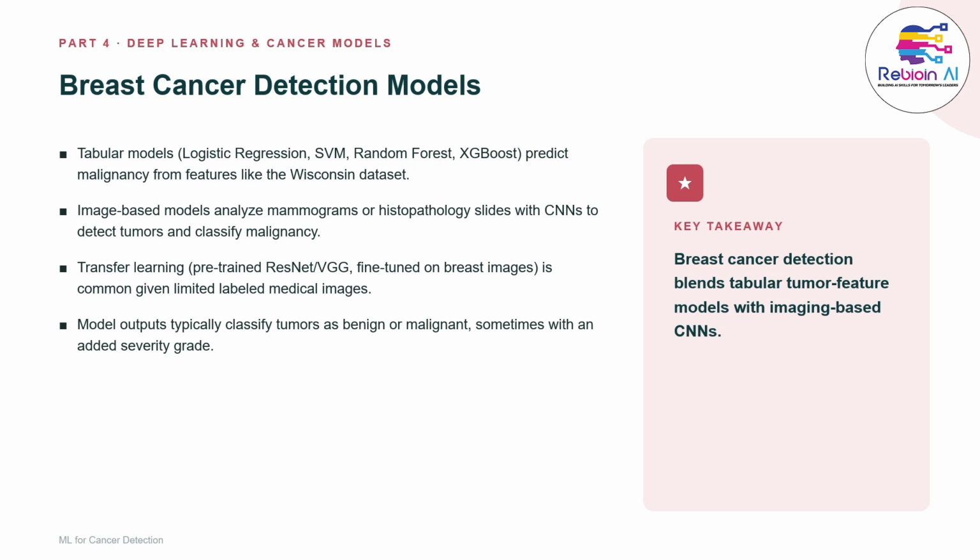A technique that comes up a lot here is transfer learning. That is, instead of training a CNN from scratch, researchers take a model already pre-trained on millions of general images like ResNet or VGG and fine tune it on a smaller set of breast cancer images. This works because the model already recognizes general shapes and textures and just needs to adapt to the medical domain. The final output is typically benign or malignant, sometimes with a severity grade.